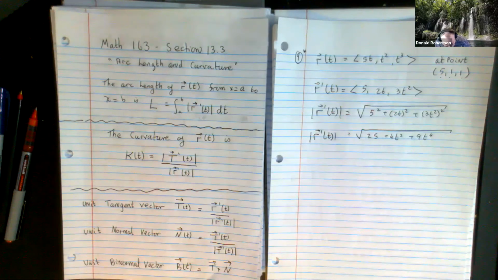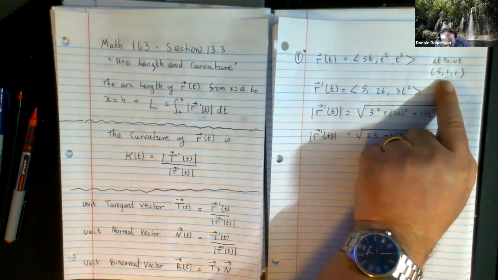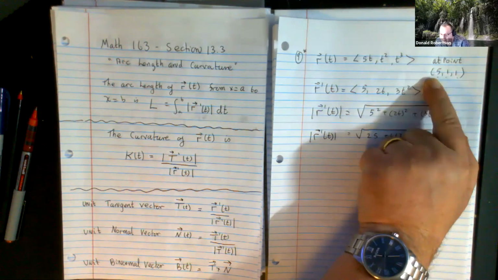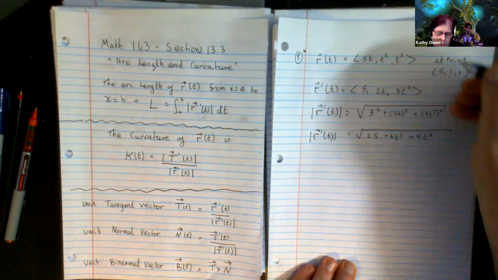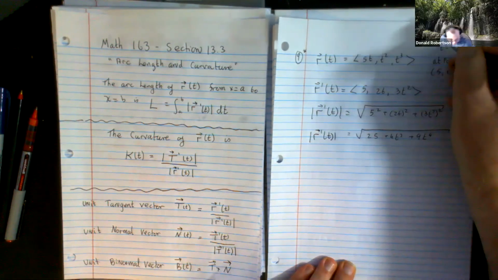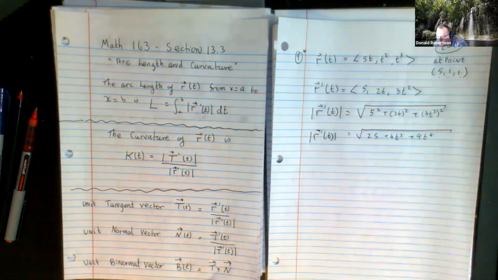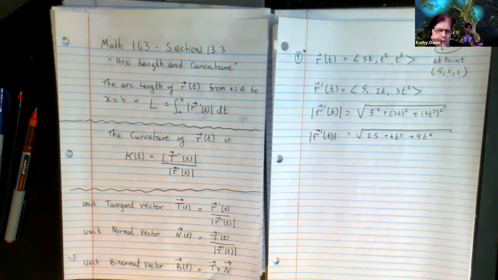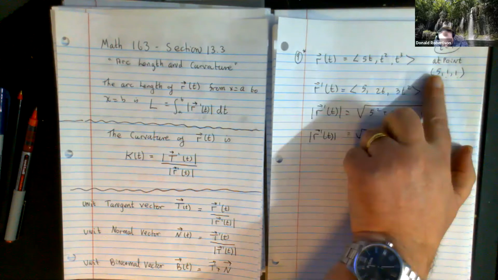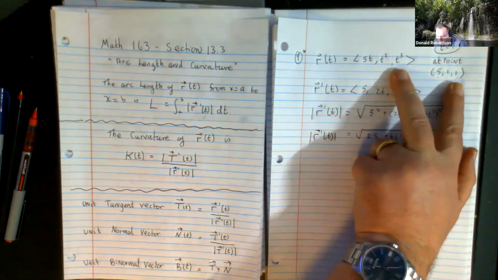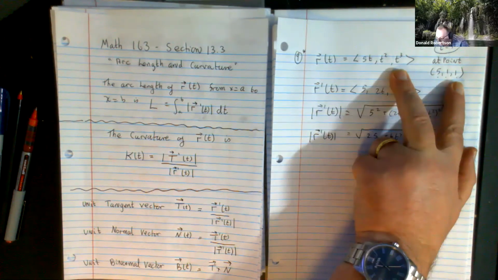What is the value of t that generates this point? 1. Correct. How did you figure it out? Because our y and z terms are both a t squared. The only way to get 1 from that is to have 1. Like t cubed is 1, so t is 1. 5t is 5, so t is 1.